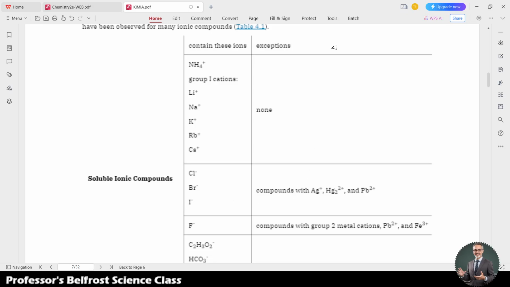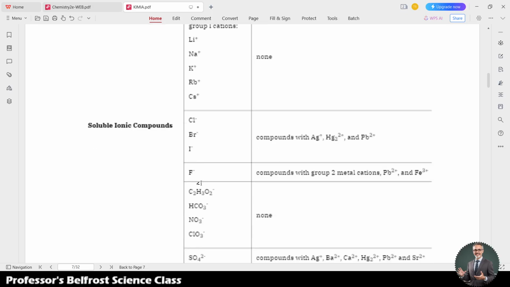The exception is if this kind of anion makes a compound with argentum, silver ion, and hydrogen, and also plumbum 2 plus, lead 2.